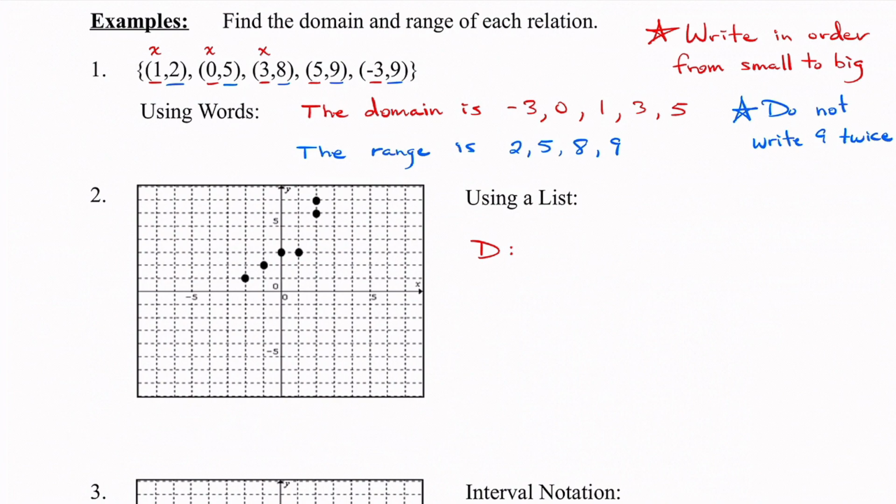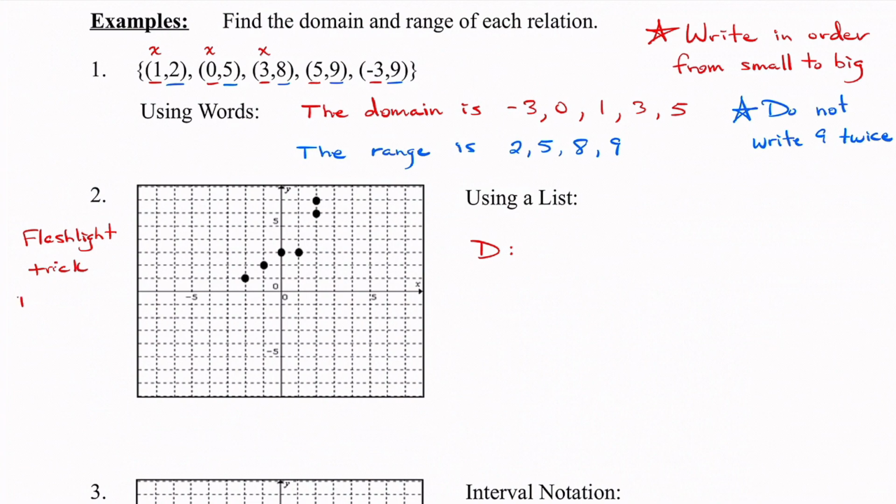Now for these ones with a graph, what I do with these is I use a little trick, and it's my flashlight trick. And I pretend like I'm basically shining a flashlight, and it will tell me what the domain is just from the shadows that I get. So that's what makes it really simple. So I'm just going to write for the graph, you're going to use a flashlight trick.